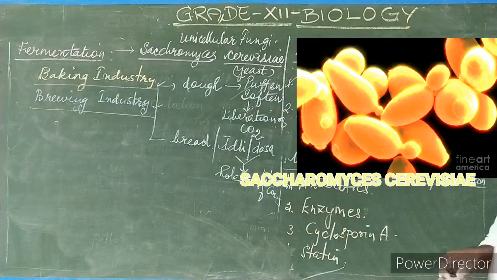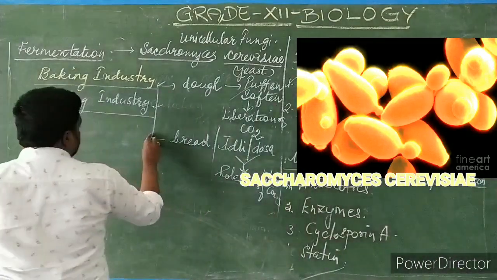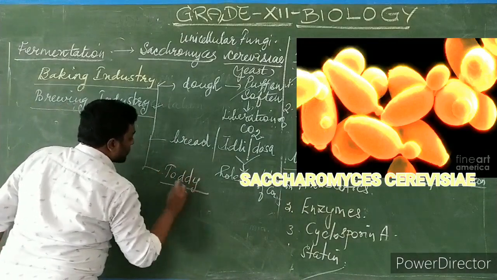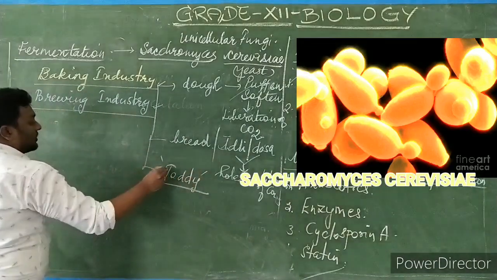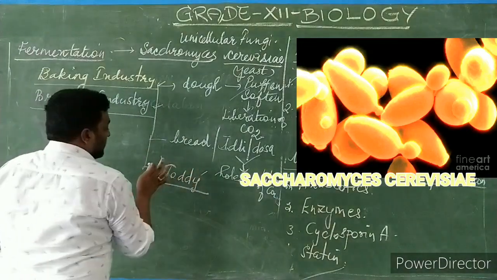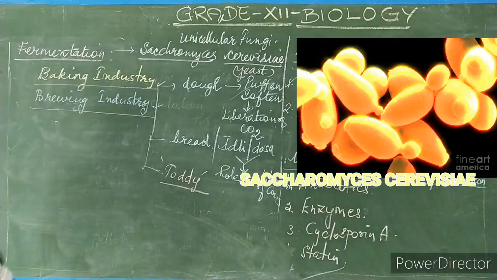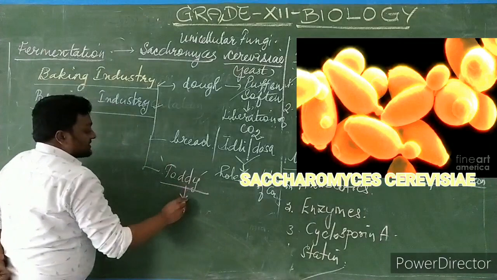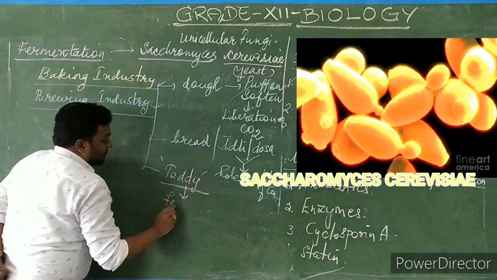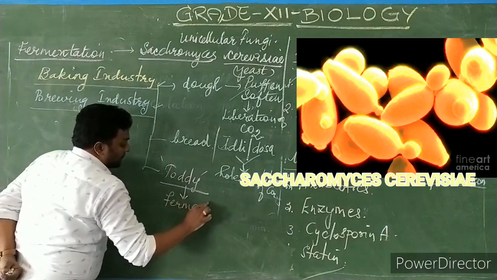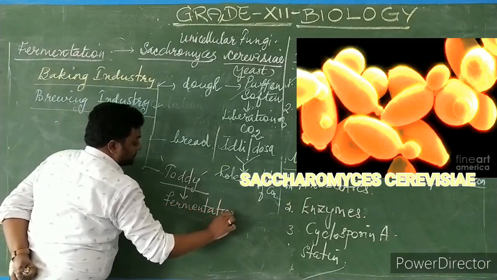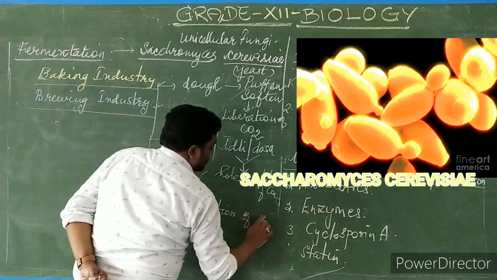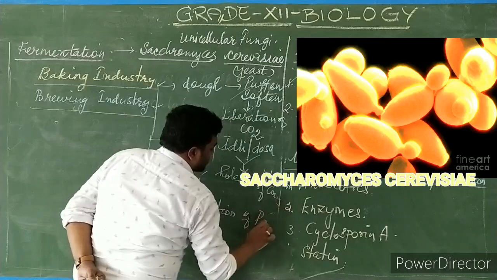Similarly, the next example is toddy. It is a very important one-mark question. More than 100 percent this question will be asked, in NEET as well as board examinations. What is toddy? It is produced by the fermentation of palm sap.